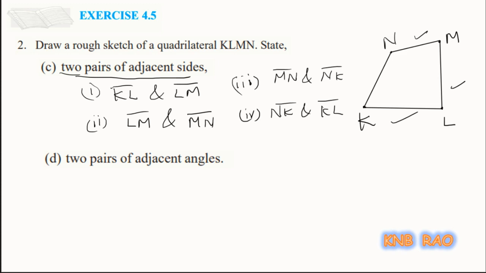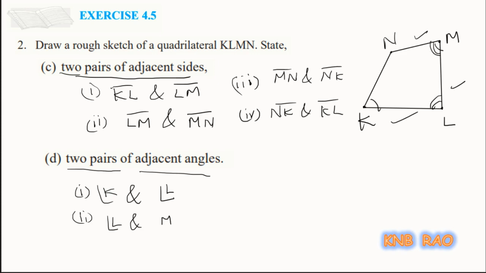Then in sub part D, we are asked to write two pairs of adjacent angles. Here, though we have got four pairs of adjacent angles, we are asked only two. Angle K and angle L is one pair of adjacent angles. Second, angle L and angle M is another pair of adjacent angles.